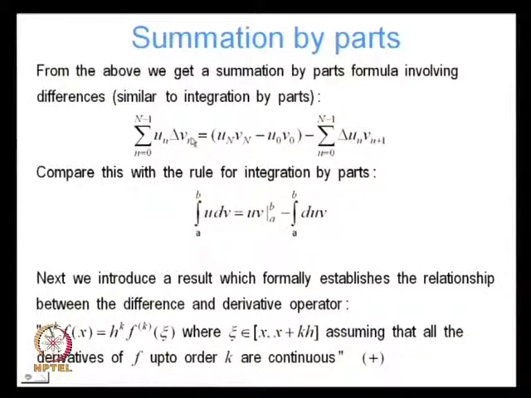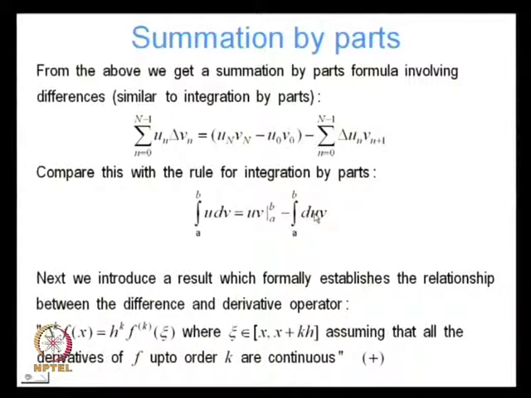So, un delta vn is like u dv, equal to un vn evaluated at the other end of the interval, minus u0 v0 evaluated at the first point in the interval, minus the sum of delta un v(n plus 1). Very similar except for that difference, that is v(n plus 1) and here I have v. If it had to be exactly analogous, this should have been vn, but it is similar.